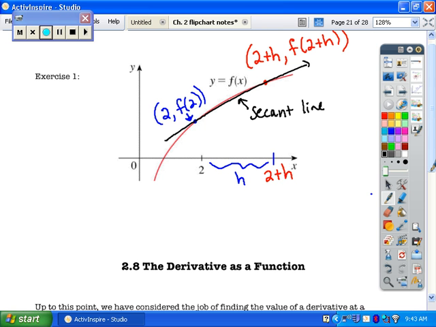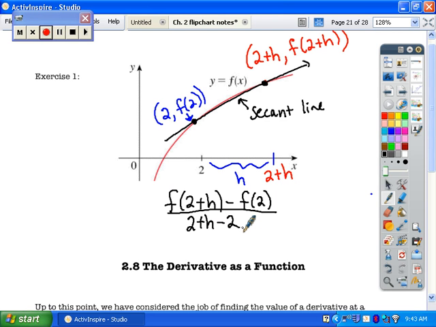How do you get the slope between these 2 points? Change in y with change in x. So I have y, which is f of 2 plus h minus f of 2 over 2 plus h minus 2.